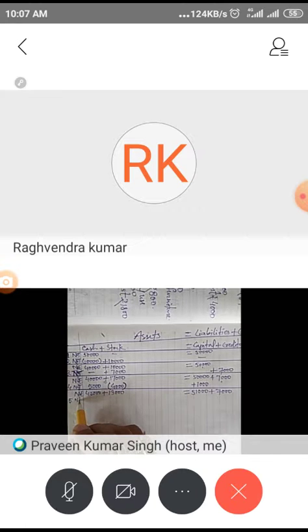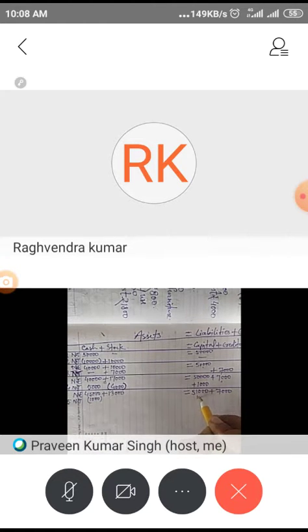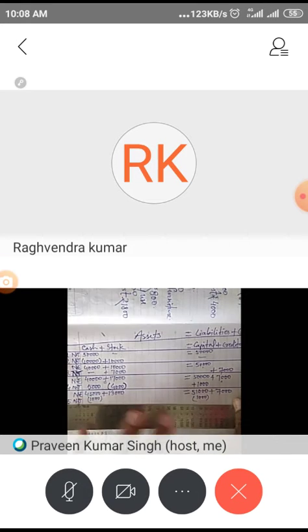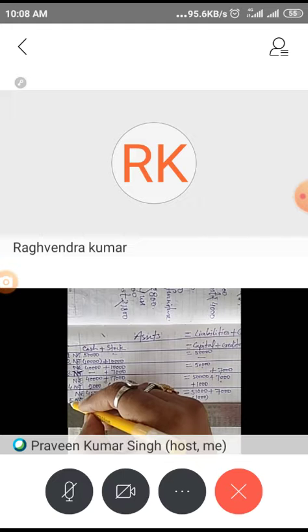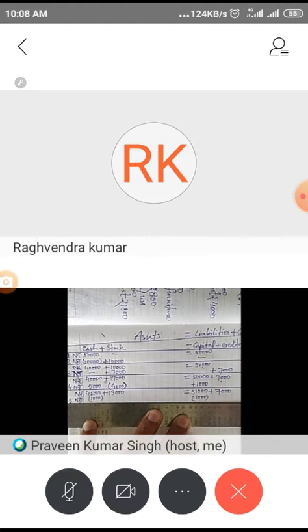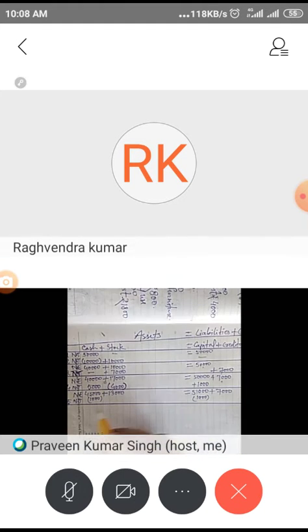The fifth new transaction is: rent paid rupees 1,000. So I will deduct rupees 1,000 from cash and 1,000 also from capital, because capital is deducted when we make any expenses and cash is going out as rent.